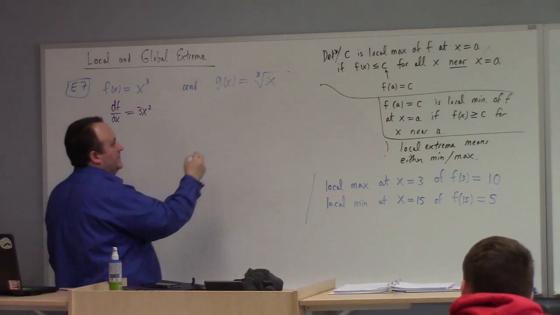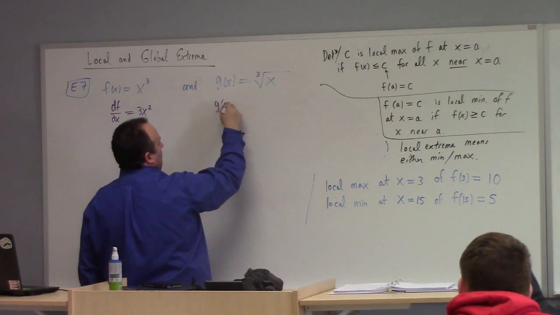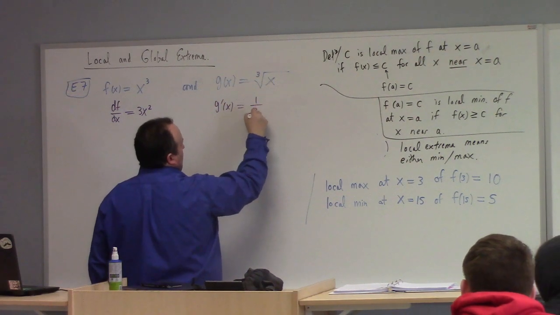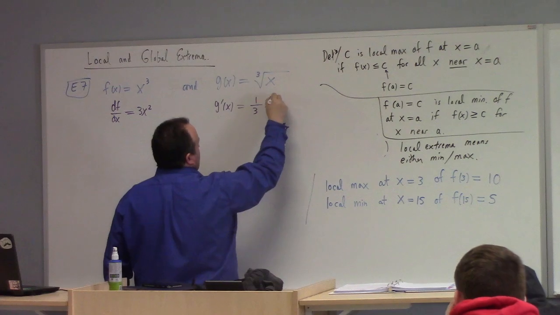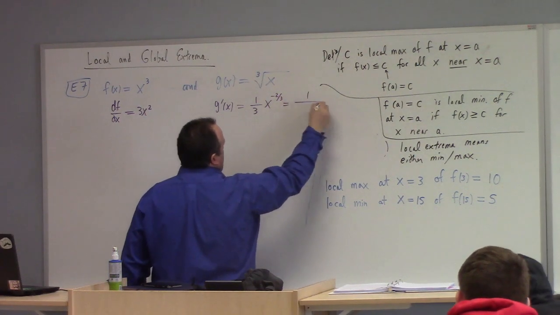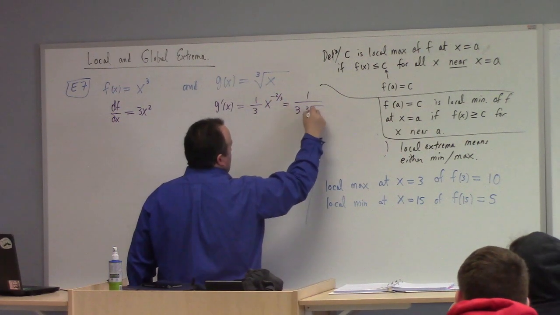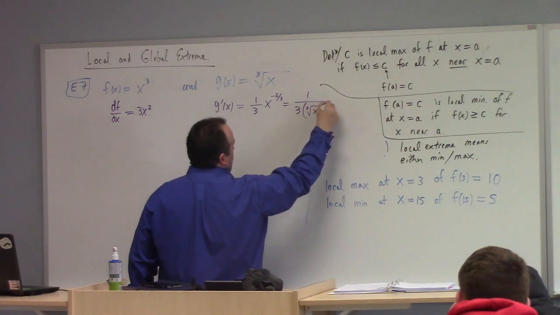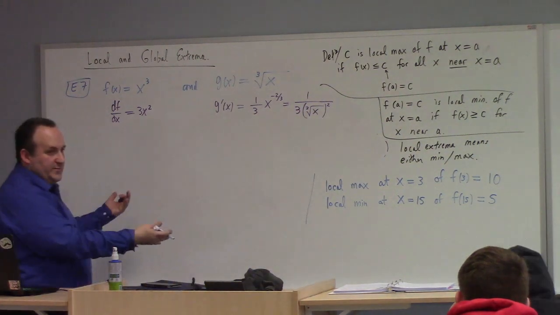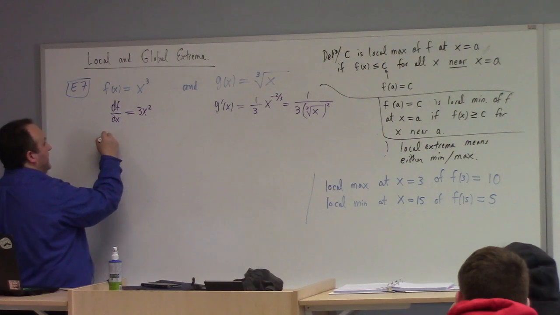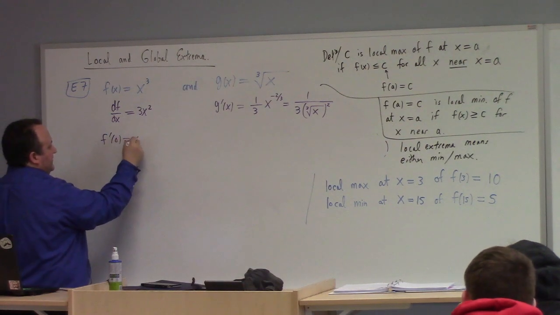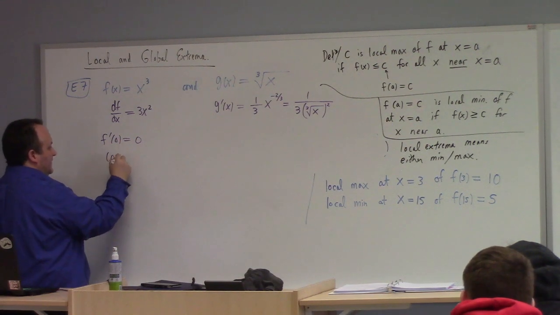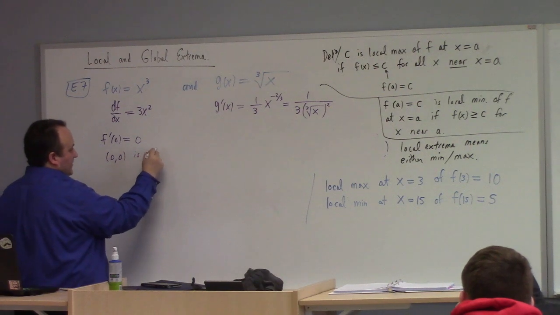3x squared. g prime of x, 1/3 x to the minus 2/3, aka 1/3 times the cube root of x quantity squared, right? What are the critical numbers? Here we have f prime of 0 equals 0, so 0 comma 0 is in fact a critical point.